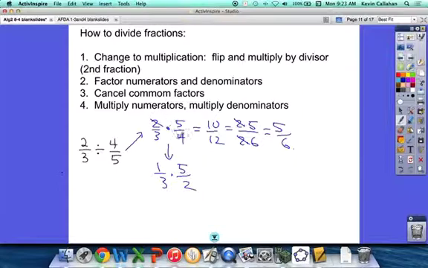By canceling, 2 goes into 4 twice. And then run them together. So remember, dividing by a fraction is like multiplying by the reciprocal. And that's how we do it. That's what we're going to do with the rational expressions too. The very first step, we're going to turn it into a multiplication problem because we already know how to do the multiplication.